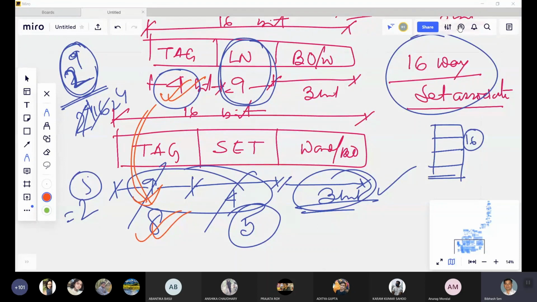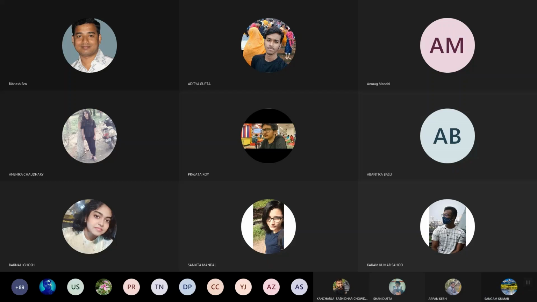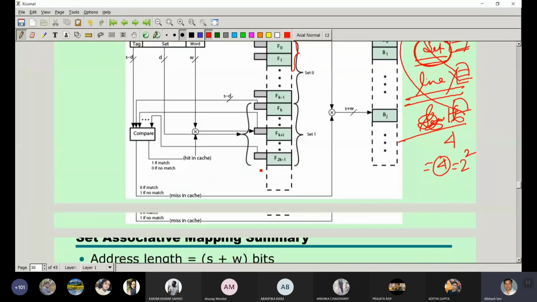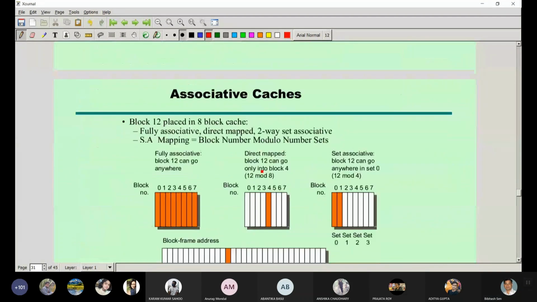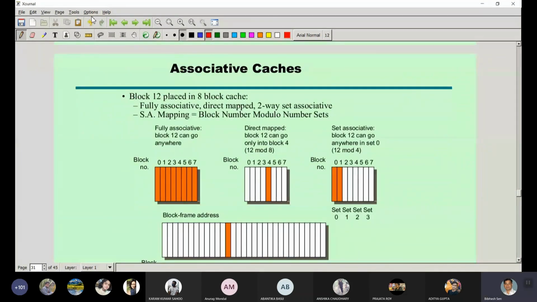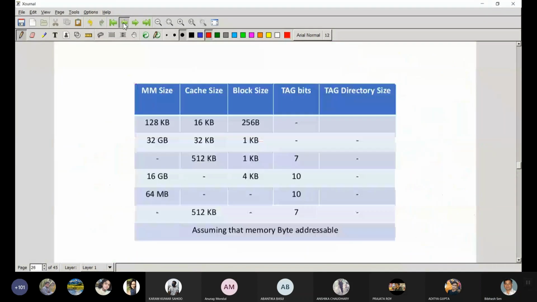Another mathematics problem. Suppose this problem. Here, if I consider associative memory, in associative memory the entire address will be the tag. So can you tell me what the answer of this question will be?